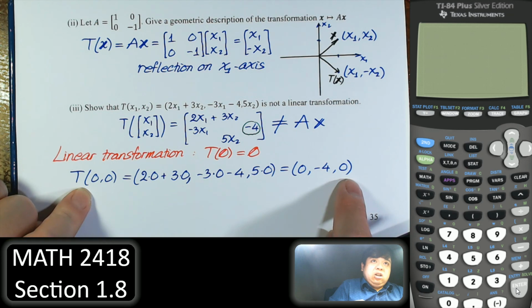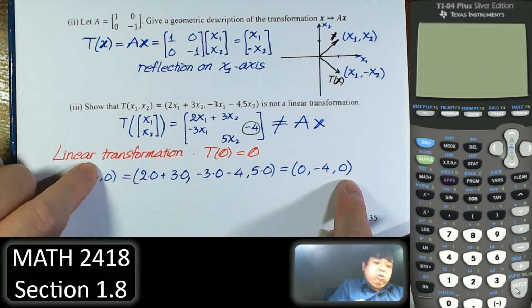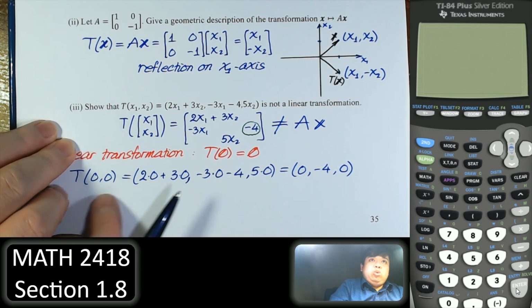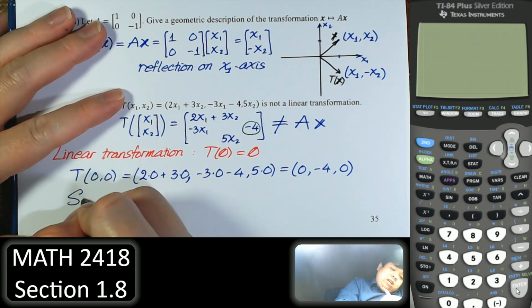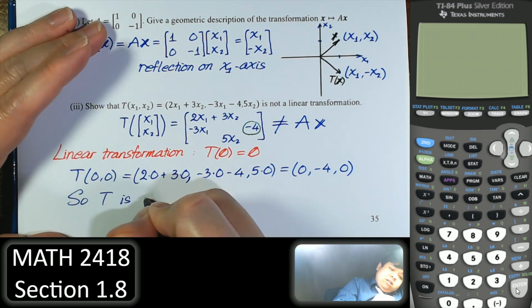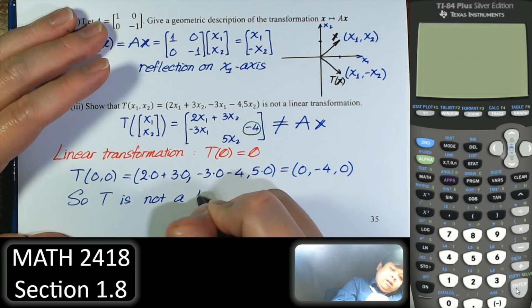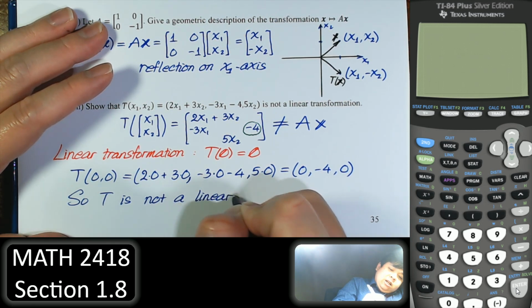So the transform of 0 does not give us a 0 vector. So this is not a linear transformation, because a linear transformation has these properties which we do not have. So T is not a linear transformation.